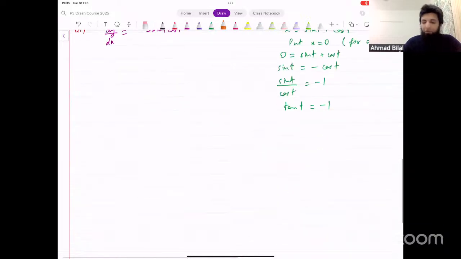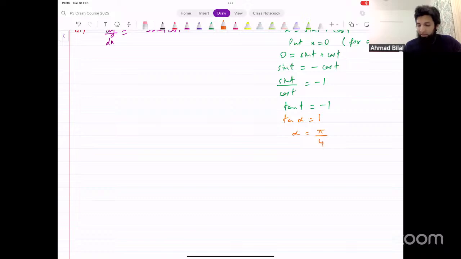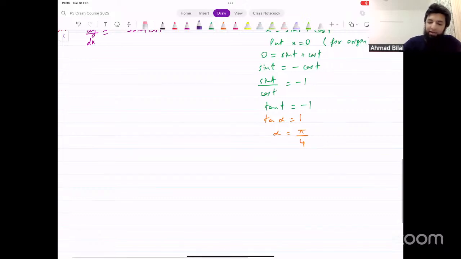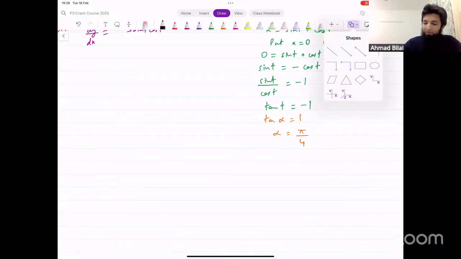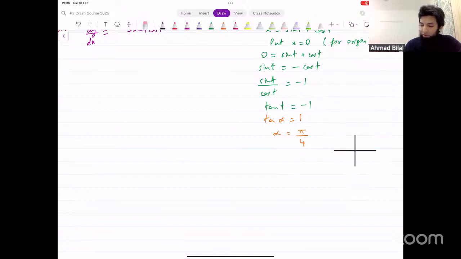All right, what do we do now? We find the basic angle. Tan alpha is 1. What's the basic angle on your calculator? Pi over 4, right? That will be the basic angle. Tan is negative. Where is tan negative? Tan is negative in the second quadrant or in the fourth quadrant. So we can either be here or here.